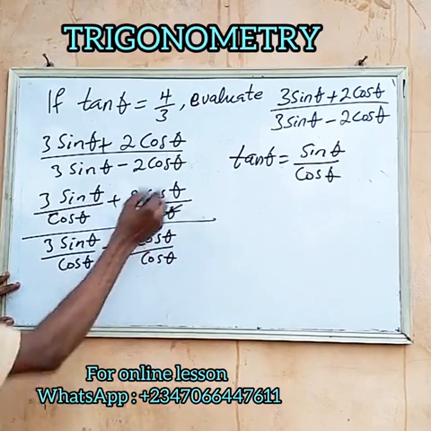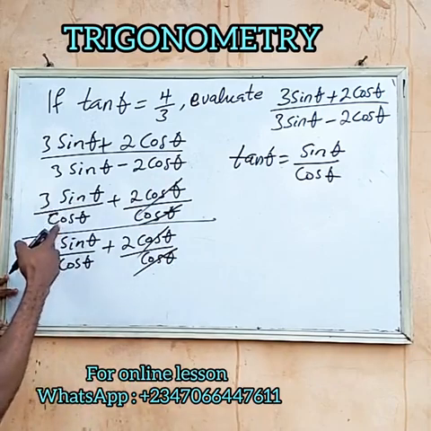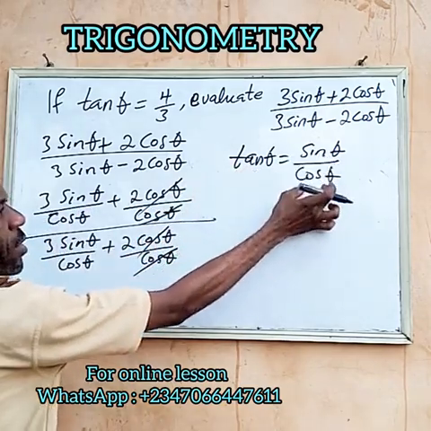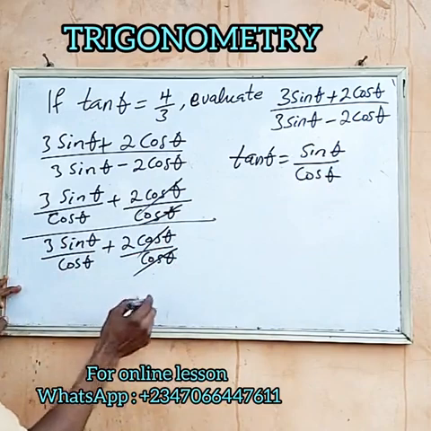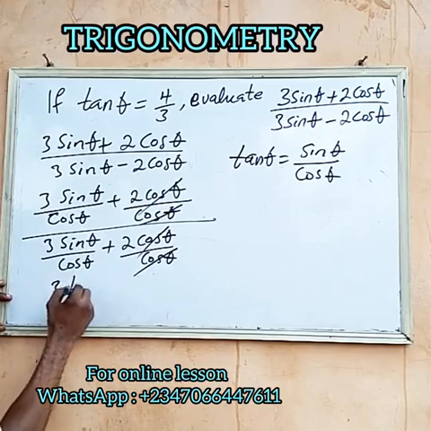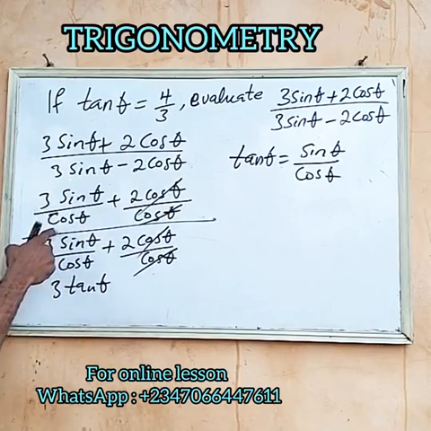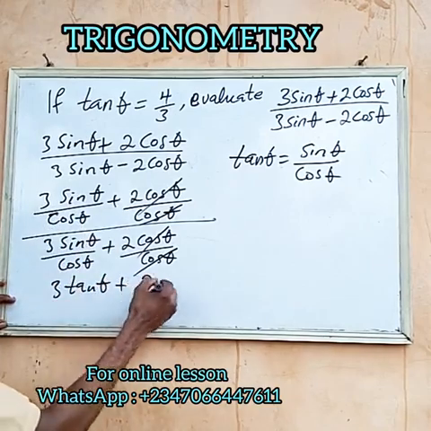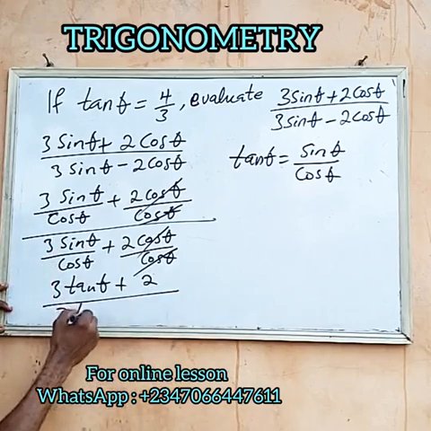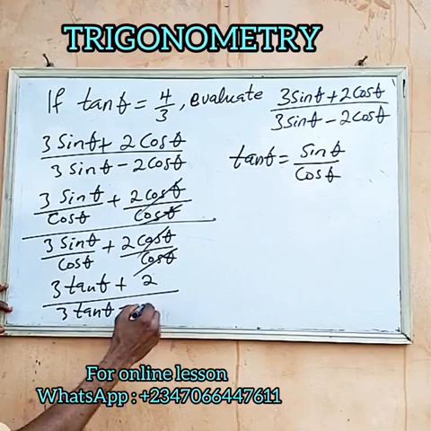So from here, this one and this one can cancel out. Then we have 3 sine theta over cos theta. Automatically, we are told that tan theta is equal to sine theta over cos theta. So this will now give us 3 tan theta, because the 3 is multiplying sine theta over cos theta, then plus 2, that's your numerator, then all over 3 tan theta minus, then this one is already gone, we have minus 2.